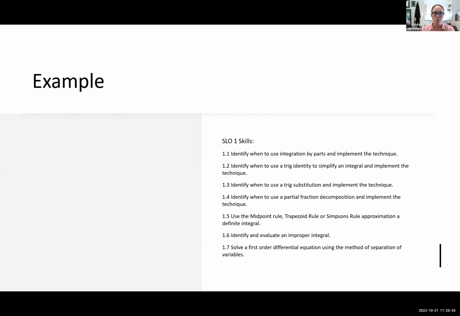So just as a really quick, small example, for my first SLO in Calculus 2, there were 7 skills that I identified that they needed to achieve the outcome. And I assessed these over 2 exams. So I can clearly see, okay, these first 4, I'm assessing all those on exam 1 and the other 2 on exam 2.